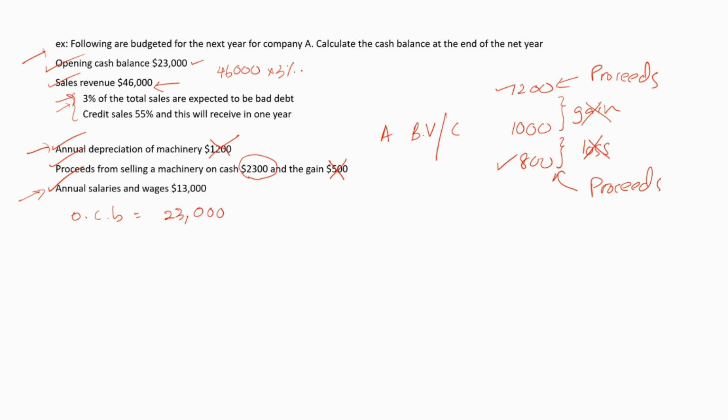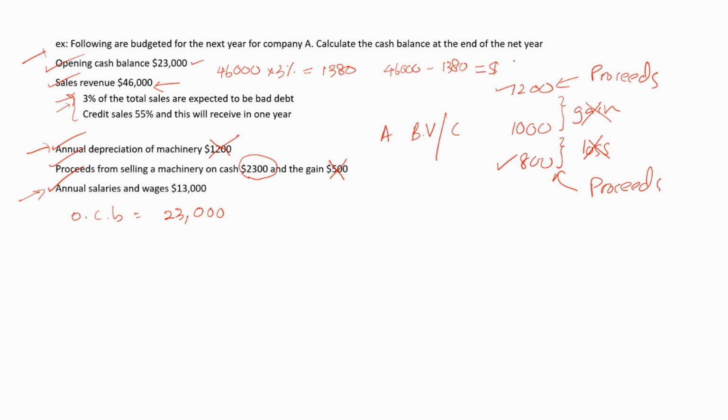Now let's calculate this amount. So the bad debt is equal to $1,380. Now we have to calculate the sales revenue that will be earned by the company after the bad debt, which is equal to 46,000 minus the bad debt amount.